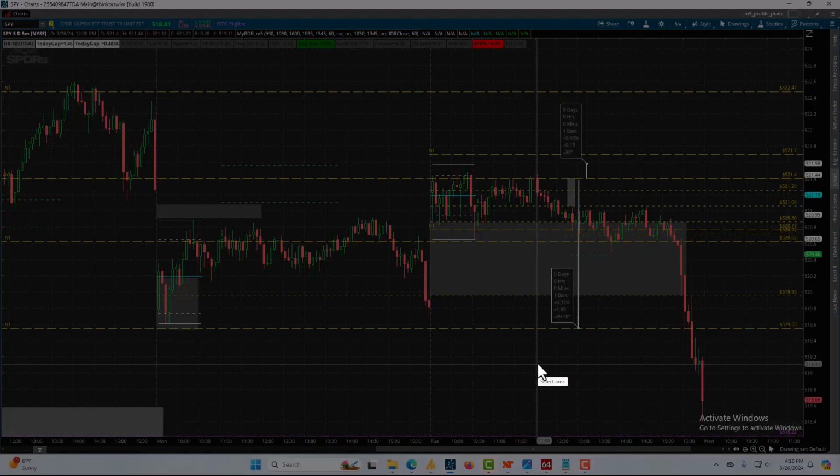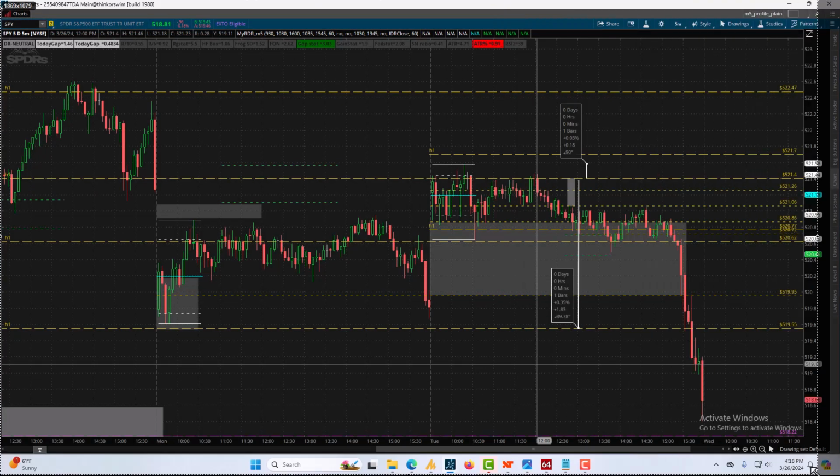Yeah, just the same, but we want to work a little bit differently right here. It's an ICT model 2.2, which is a gap up.